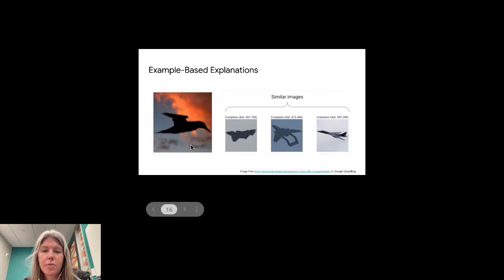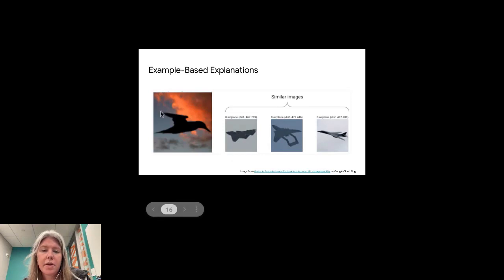Imagine we have a model that we've trained to identify birds versus planes. Then I could provide this image of a bird in silhouette, and say, give me all the approximate nearest neighbors, or the similar images according to my model. And we can see in this case that the similar images are airplanes in silhouette.